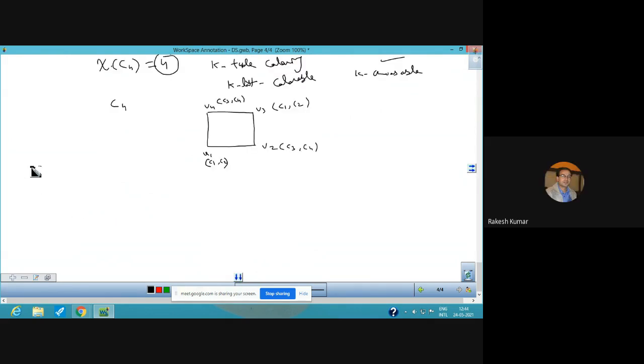Next, we have a definition of induced subgraph. This is also important.